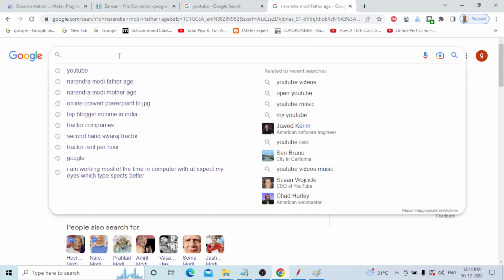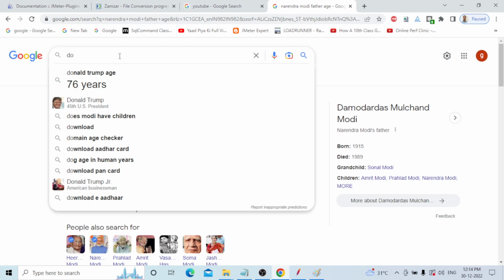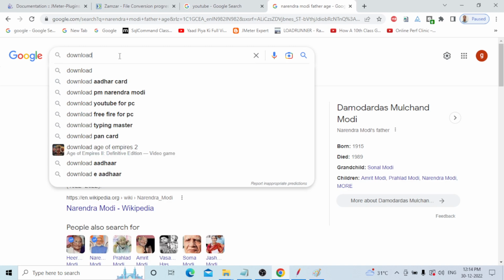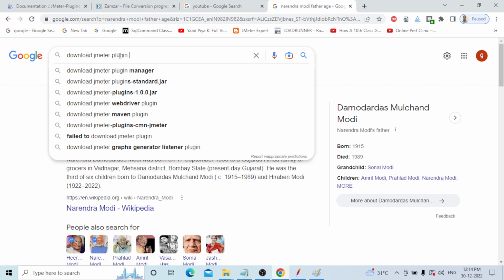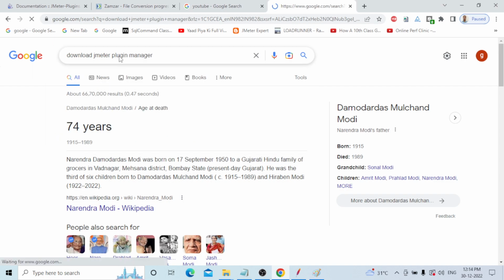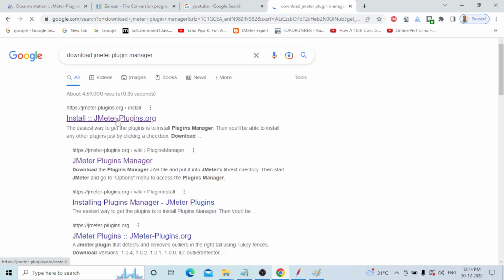You can open the browser and type directly: download JMeter plugin manager.